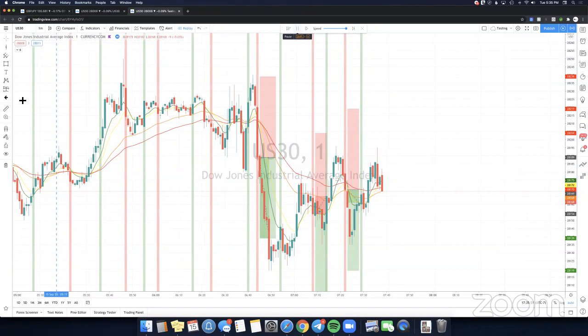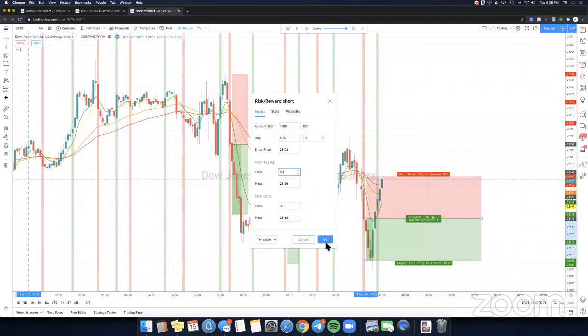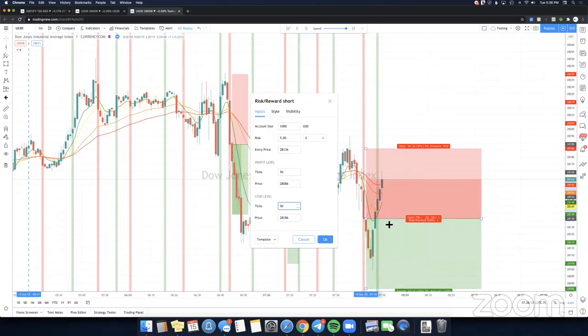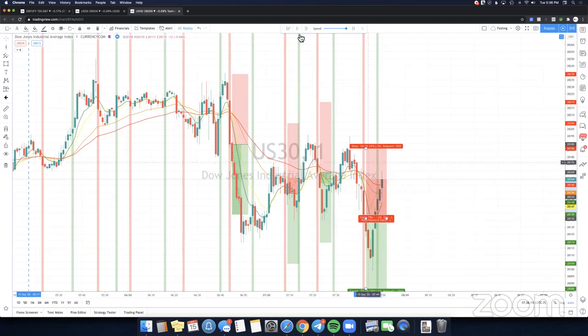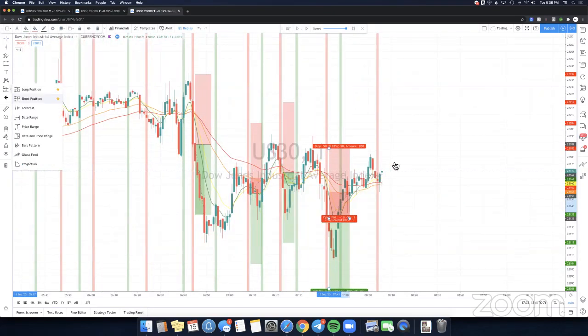So I'm just going to show you how many entries we could hit scalping within the entire move. And this is if you take every trade.